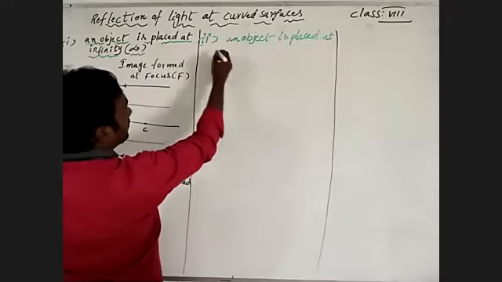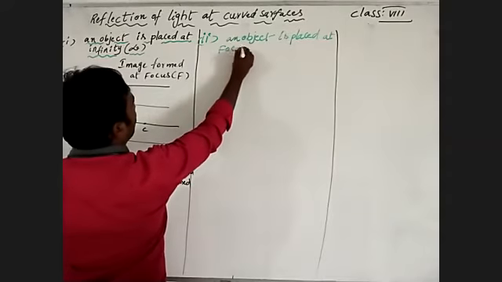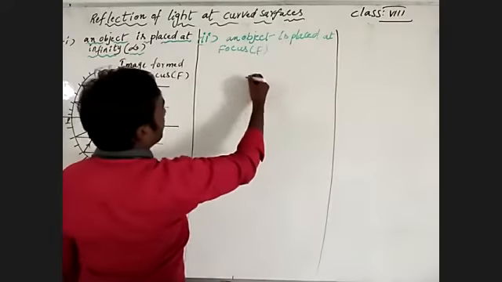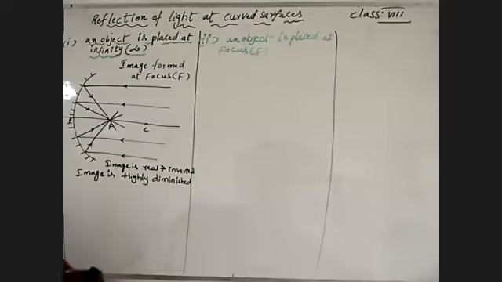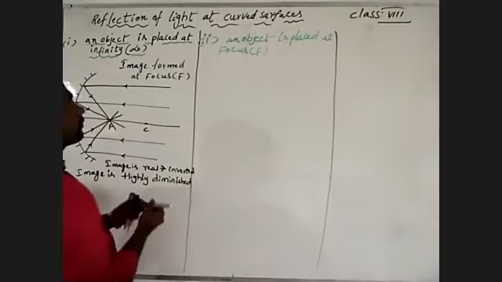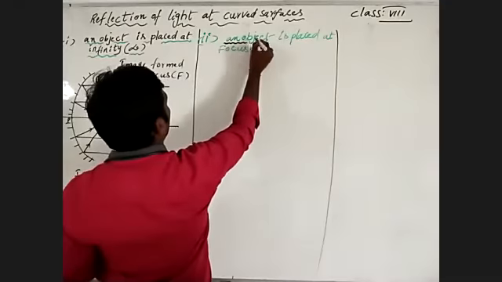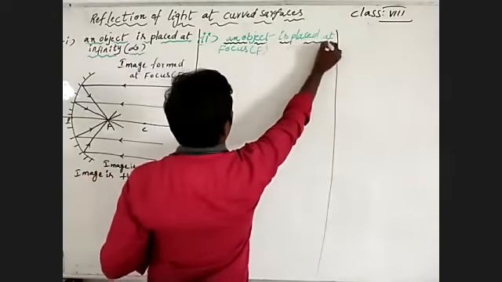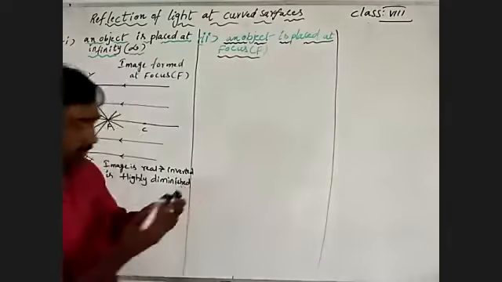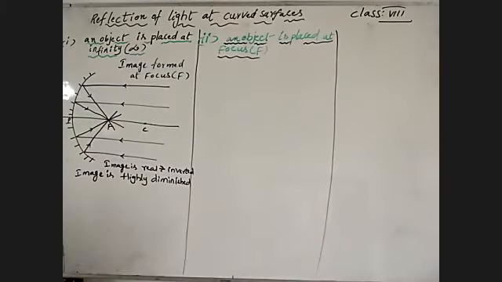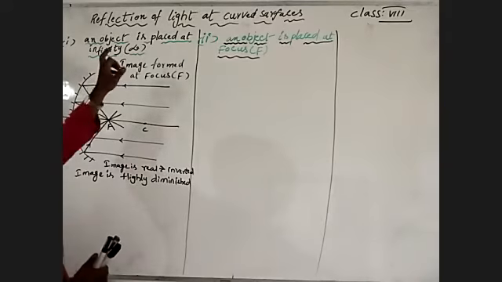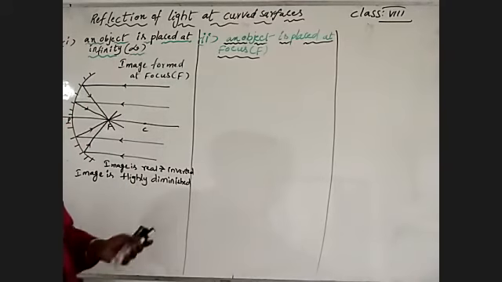Where is the object placed? At the focus. Then where will the image form? An object is placed at the focus, then where will the image form? Before, the object was placed at infinity and the image formed at the focus.